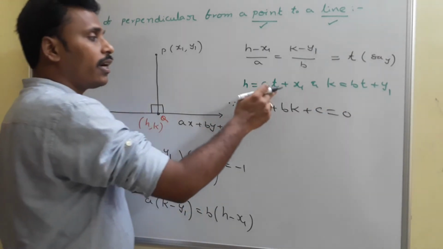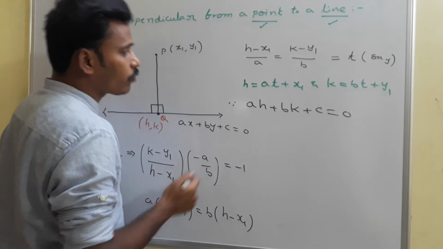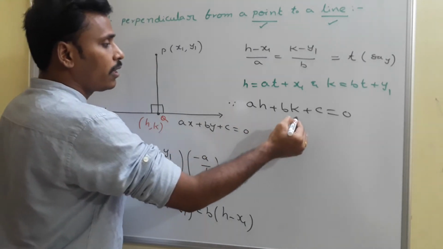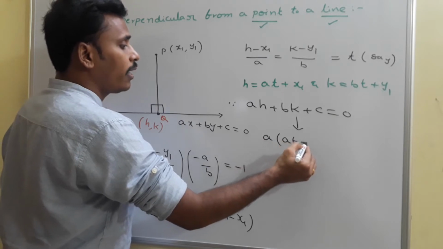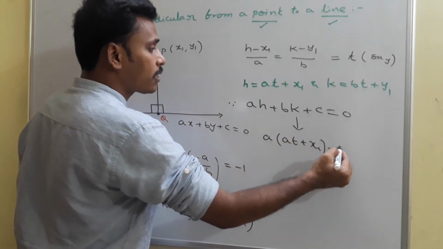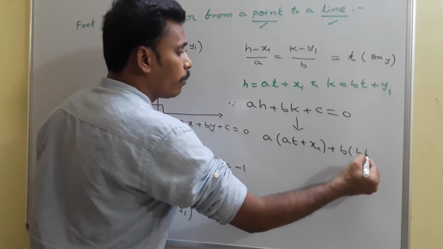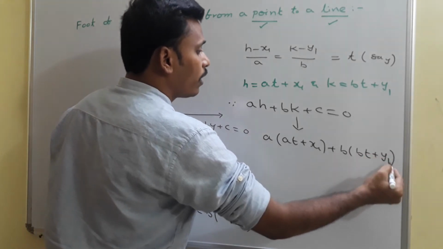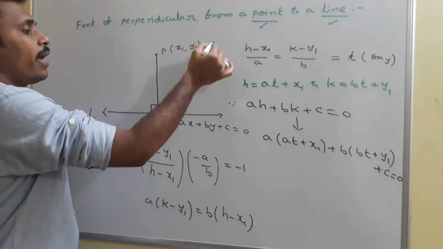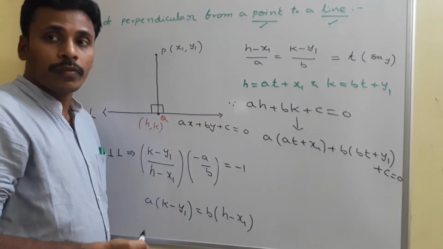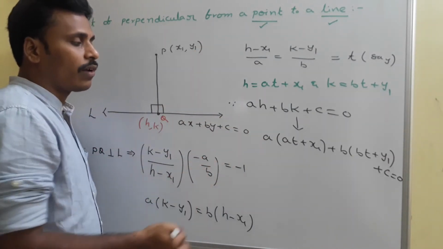And now h is at plus x1, k is bt plus y1. Replace here, okay? In this ah plus bk plus c, if you replace, a times of (at plus x1) plus b times of (bt plus y1) plus c is equal to 0. You just make that t the subject now. Just look there, for the space constant directly I will write.